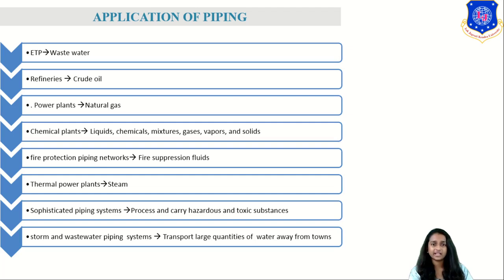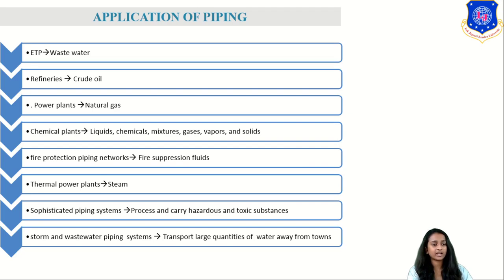These are some applications of piping. In a sewage treatment plant, wastewater is transferred from residential and industrial areas to the effluent treatment plant. In refineries, crude oil is transferred from the well to the refinery. In power plants, natural gas is transferred through pipes.